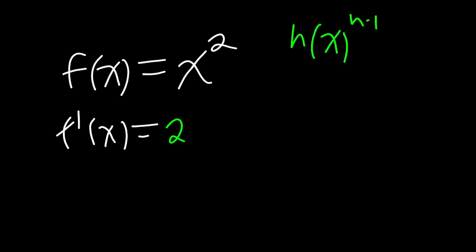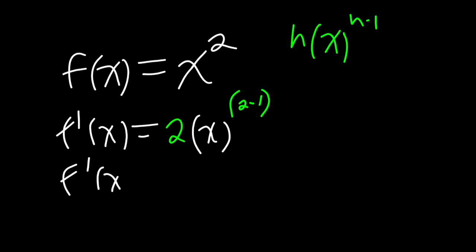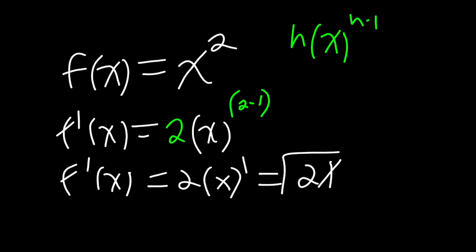So we're going to bring our 2 out in front, x is going to stay there, and then we're going to have 2 minus 1 on the top, which becomes 2x to the 1, which is 2x, and that is our derivative of x squared. Now you don't have to work this out every time. Eventually you're just going to know these things so you can do it in your head very quickly.